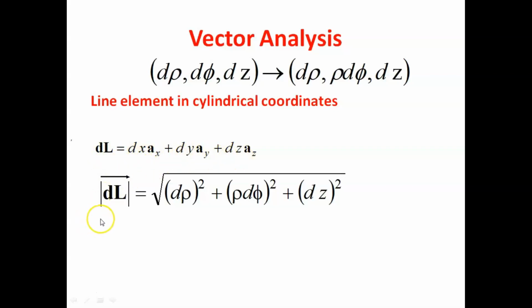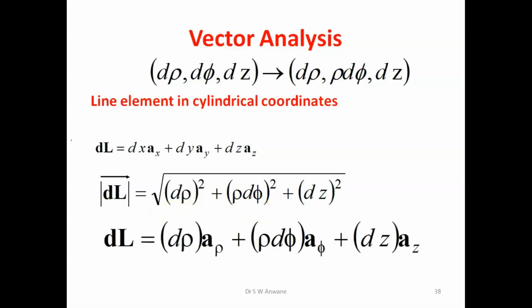Similarly, in cylindrical coordinates, dl bar magnitude will be under root of d rho square plus rho d phi square plus dz square. And the vector length in cylindrical coordinates can be represented by d rho a rho cap plus rho d phi a phi cap plus dz a z cap.